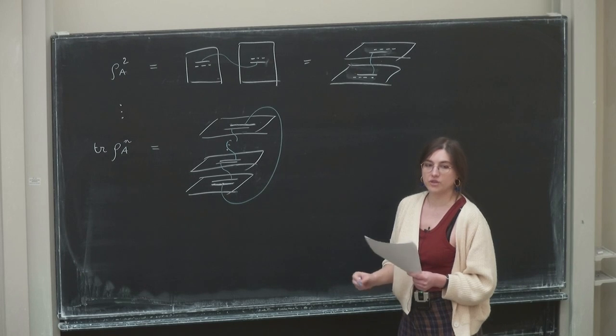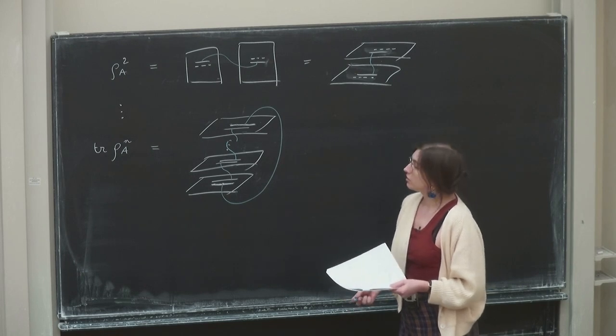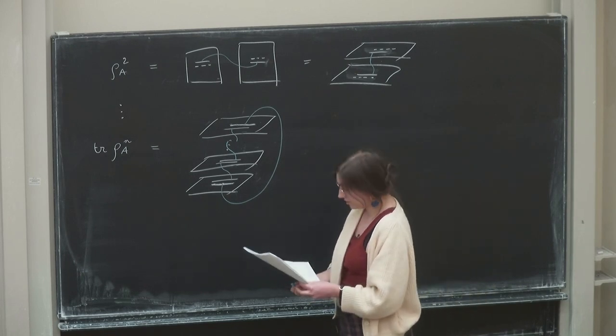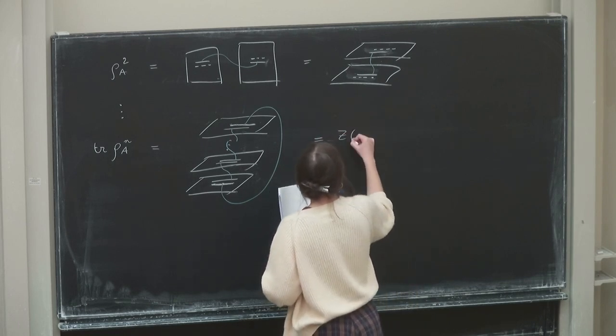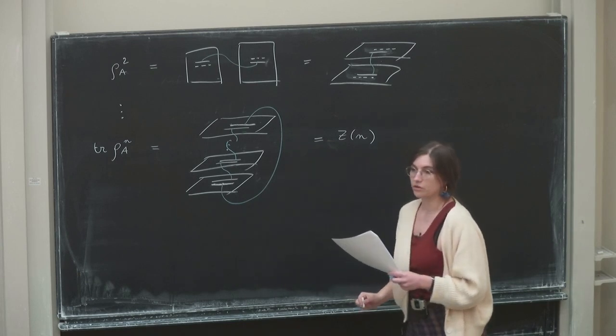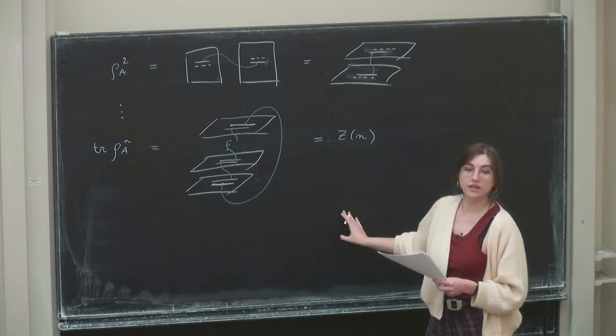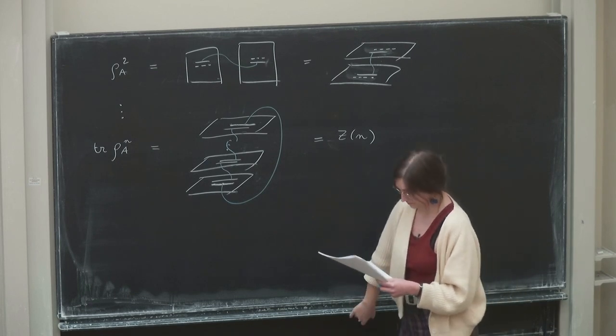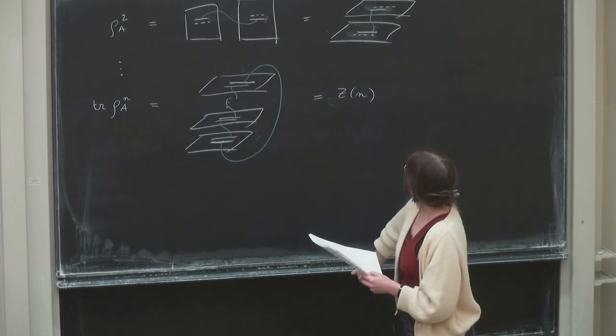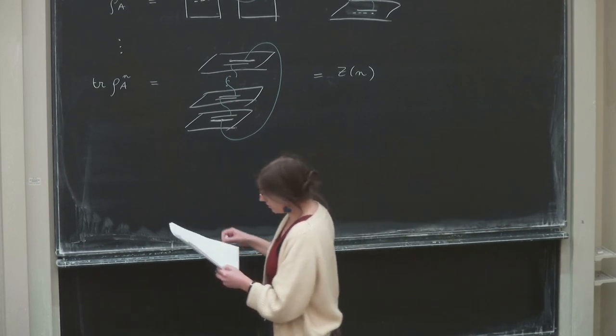Okay? So this is a trace of the nth power of the reduced density matrix, and this is the object that we called Z of n. So we've now succeeded in constructing this object Z of n. Okay? So let me write it in formula form.